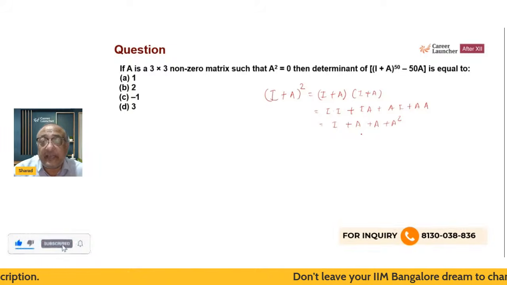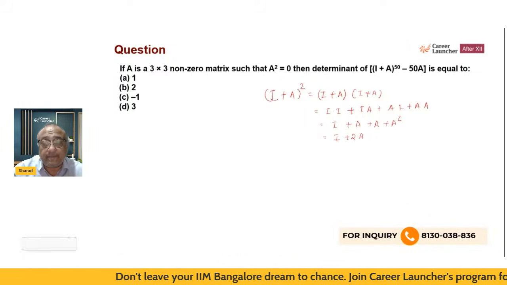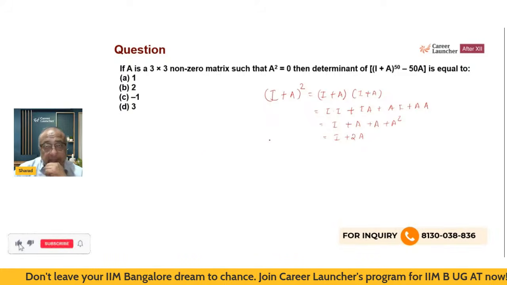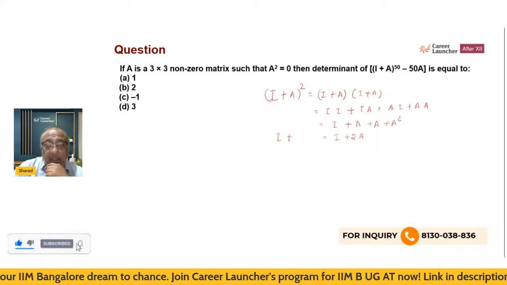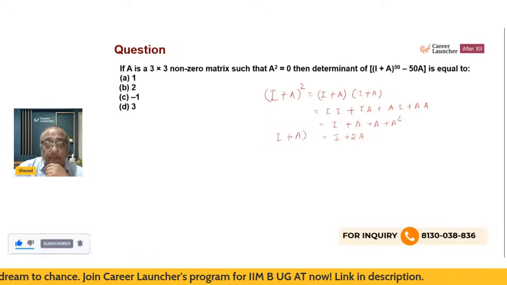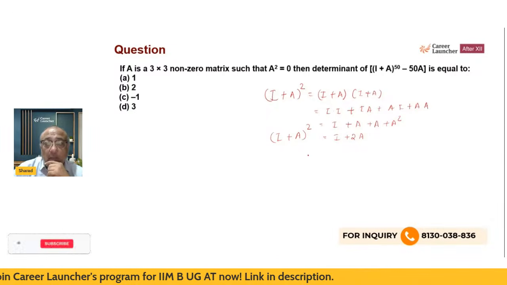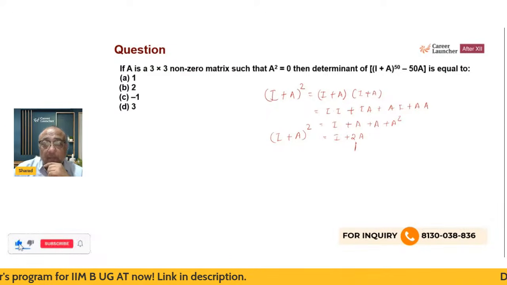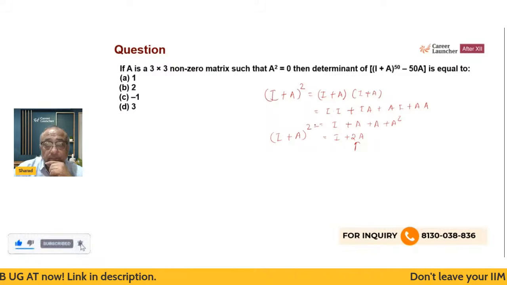As we know that A square is 0, we can write this as I plus 2A. Now take a pause. Look at this. The power is 2, and because A square is 0, I have got this 2 coming over here.